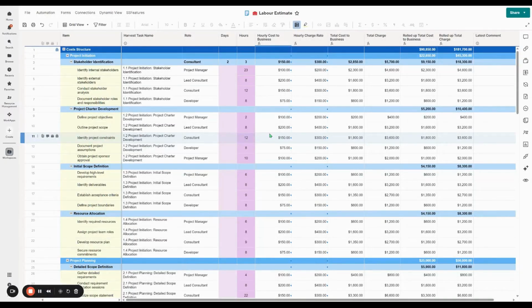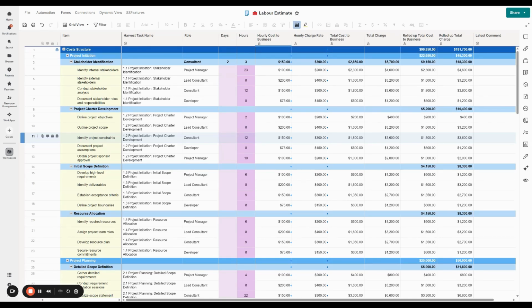So here we're looking at our labor estimate template. The reason this was built is because we would talk to customers time and time again where they would explain that they would, usually using Excel, build out an estimate for a project proposal for their customer.